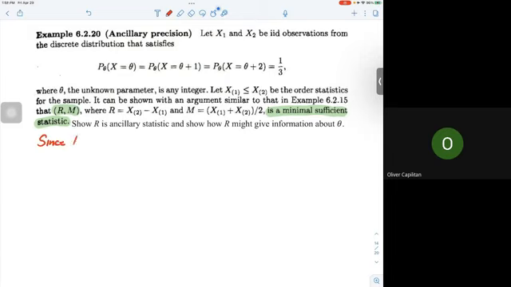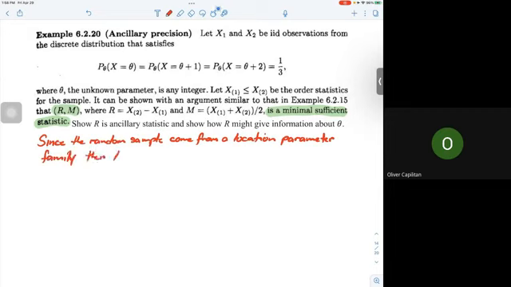Since our random sample comes from a location parameter family, based on our given problem, then we have shown in our last meeting that our range R is an ancillary statistic. Okay, so R is an ancillary statistic.